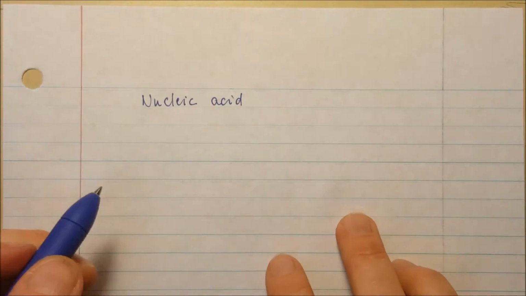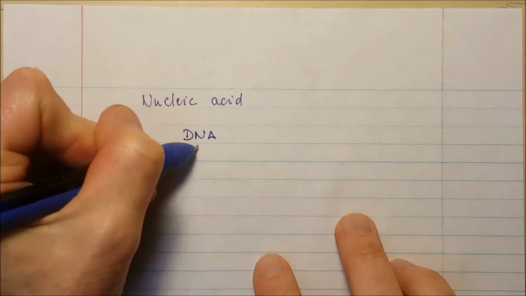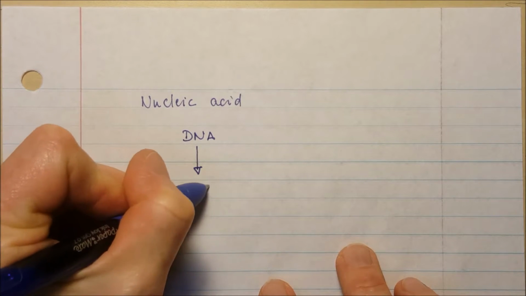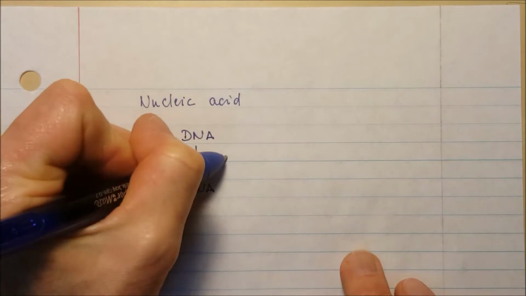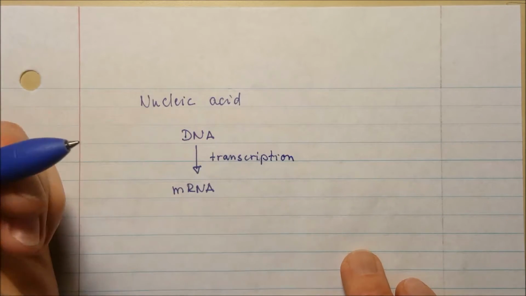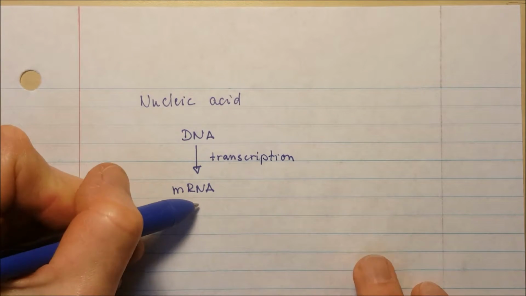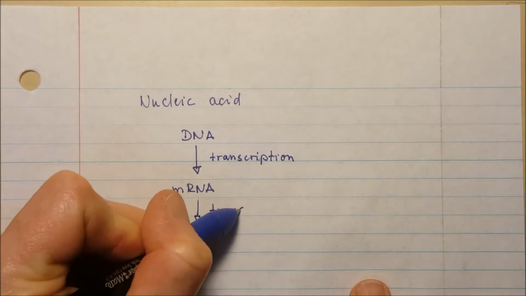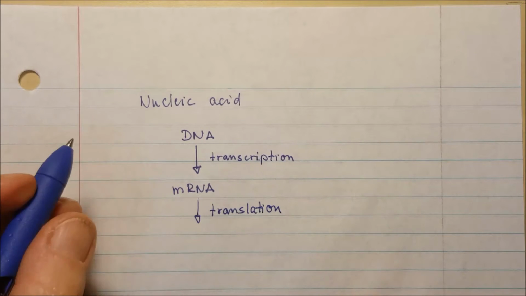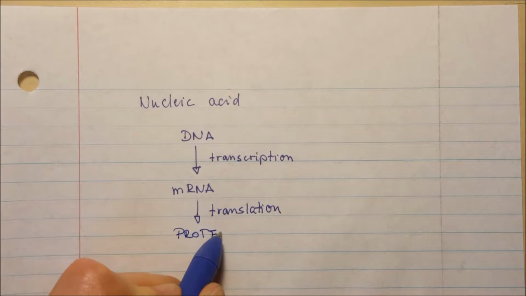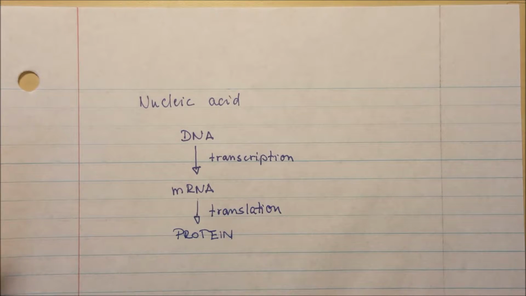The last unit is the nucleic acids, the central dogma that states that DNA is going to be transcribed into messenger RNA in the nucleus, and the messenger RNA will leave the nucleus and will be translated into protein.